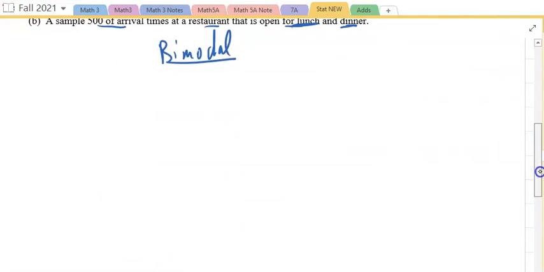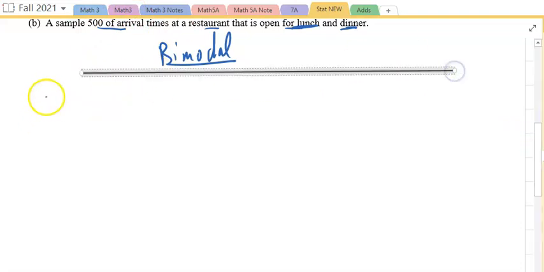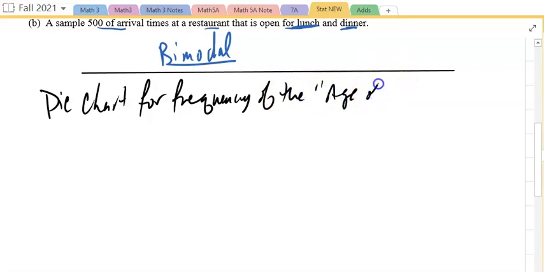So here we're going to make a pie chart for the frequency of the age of the U.S. presidents' inauguration.